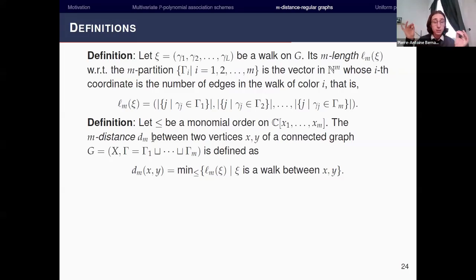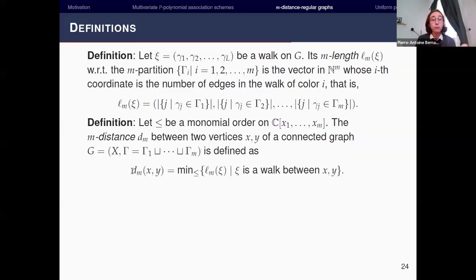For all of these possible walks, you can compute the associated m length. So for each of these walks, you count the number of each color in the walk. This will give you a bunch of tuples of integers. And if you use a monomial order, you can compare these tuples of integers. Because it's a well ordering, there is always a minimum.